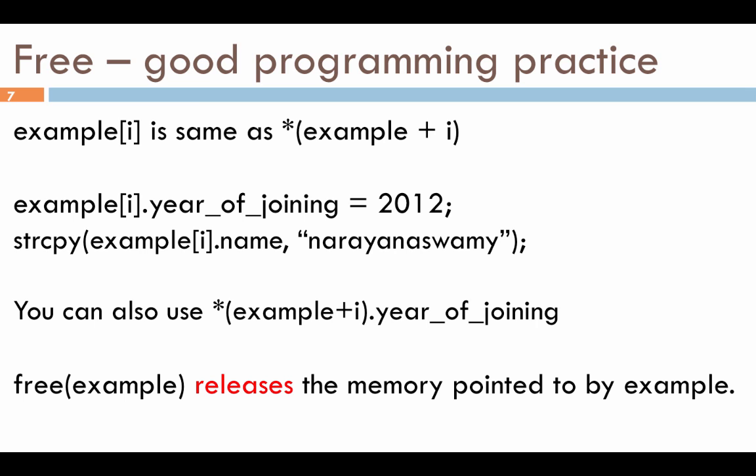Therefore, freeing is a good programming practice. On the other hand, if you do not free, then you may end up using a large amount of memory and at times even running out of memory. Therefore, as a programmer, it is good for you to analyze and imagine how memory is being utilized and release memory back to the underlying execution environment whenever appropriate for your program.